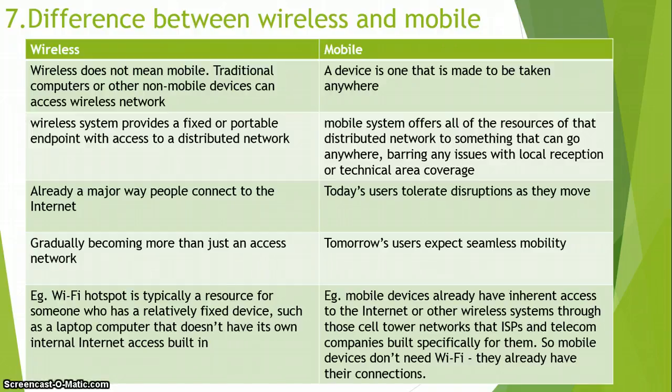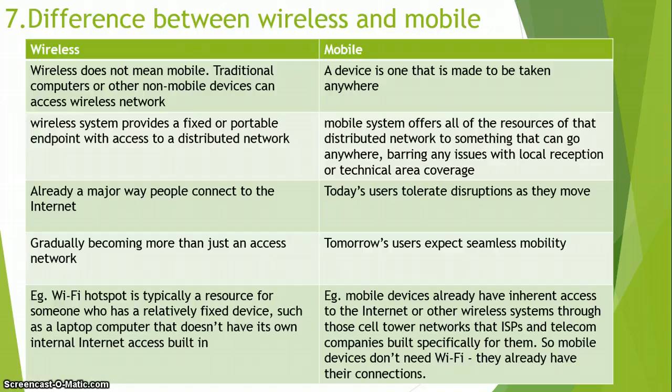As of today, mobile users tolerate disruption as they move, which means they are expecting the best performance from the provider. As for tomorrow, users expect seamless mobility, where they are expecting better connectivity in the future.